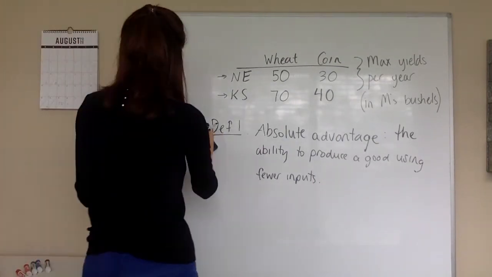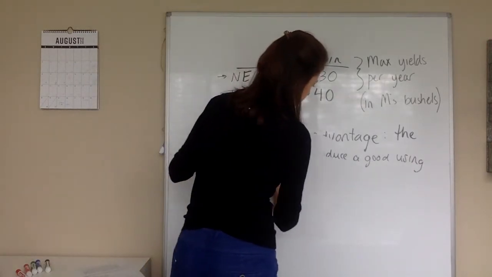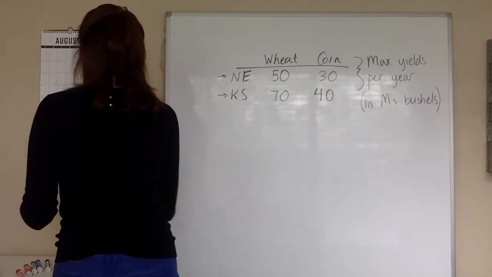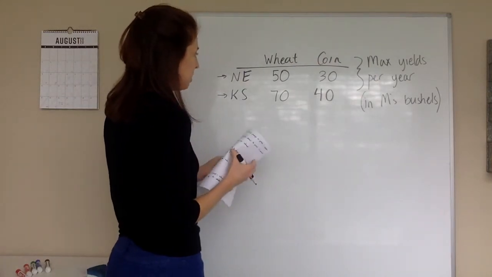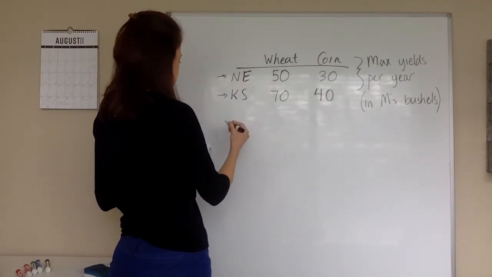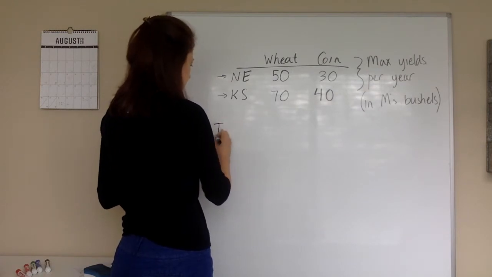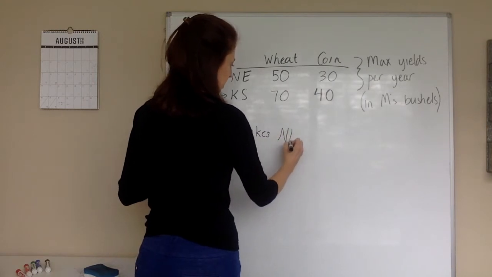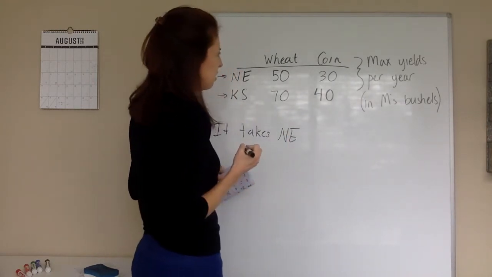Okay, for space I'm going to erase. But what we're going to do is calculate 4 things. Thing number 1 is how many days it takes for Nebraska to produce 1 unit of wheat.